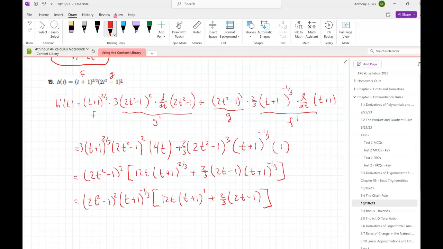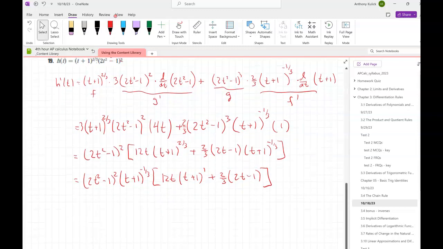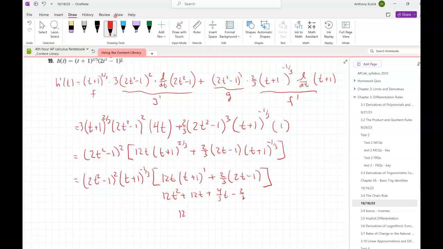Right, because when I factor it out, it's like dividing with the negative exponent. I end up adding the exponents. And then I can just FOIL things out in here.